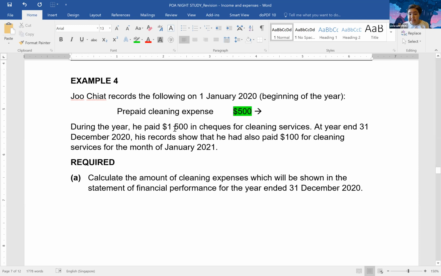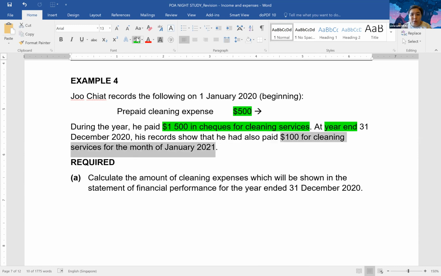Now, during this year, he actually paid $1,500 for cleaning expenses. What's the double entry when you pay for cleaning services? At the year end, the records also show that he paid $100 for cleaning services for the month of January 2021.